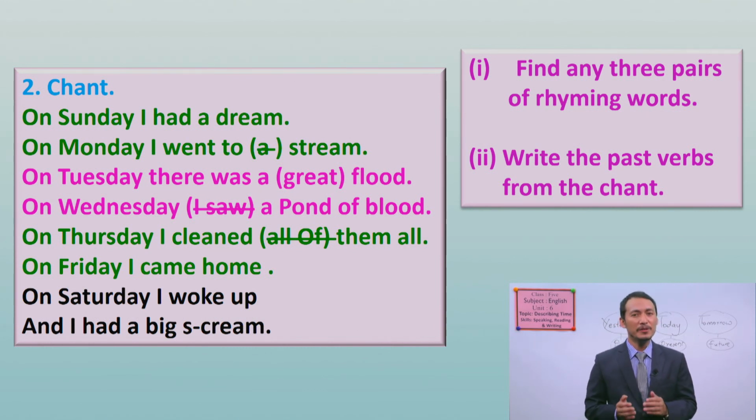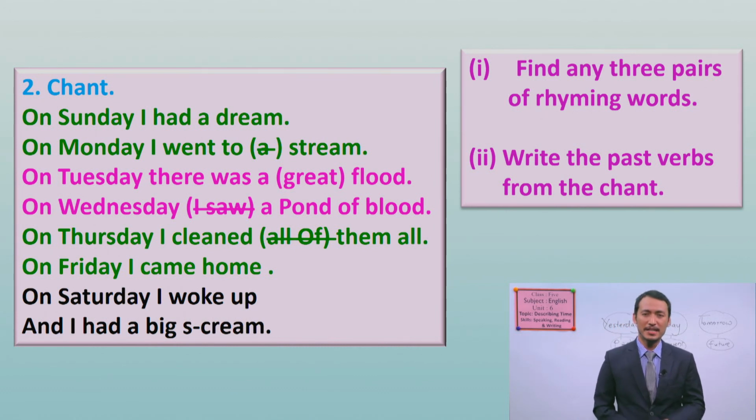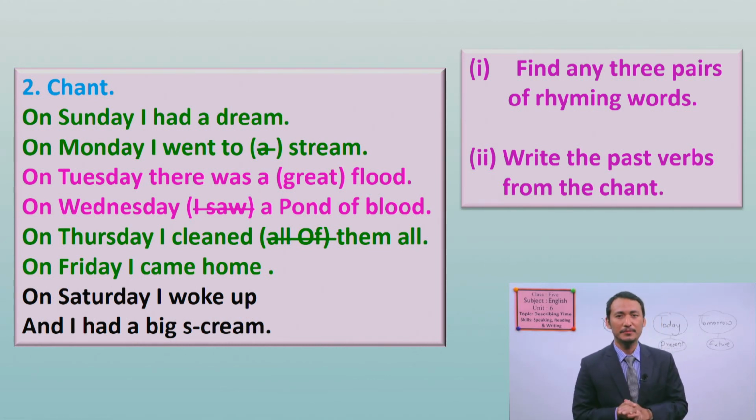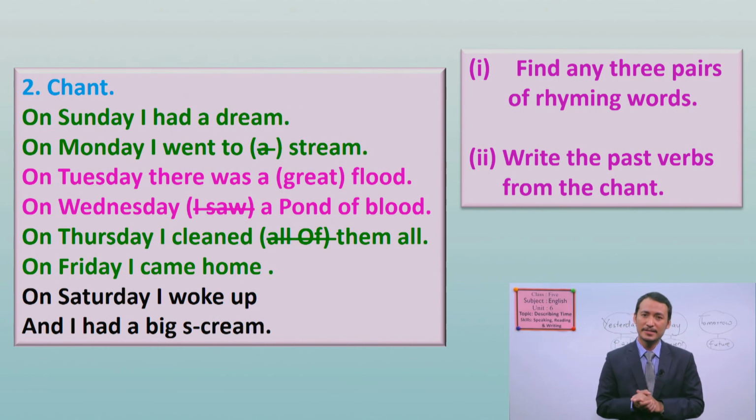Yes, rhyming words are matching words which have similar sounds or sometimes letters. For example, look here, dream and stream have a similar sound and they match together, right? So we call them rhyming words.